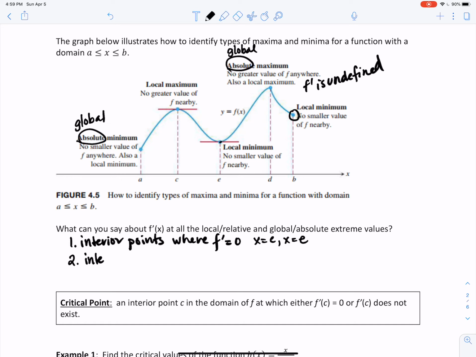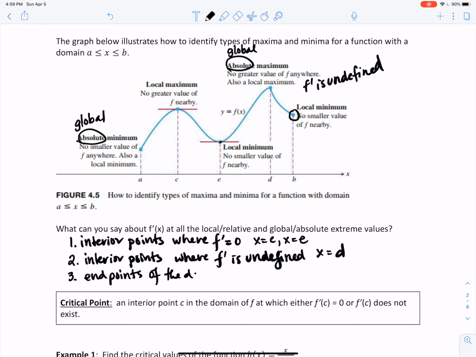Also at interior points where f prime is undefined, and we saw that when x equals d above. And finally, at endpoints, can't forget the endpoints of the domain of f. In this case, that was x equals a and x equals b.